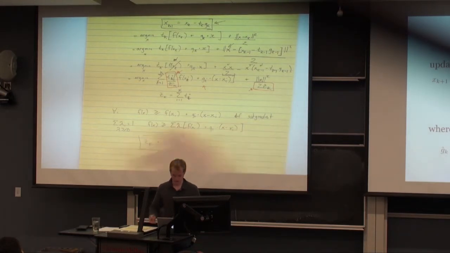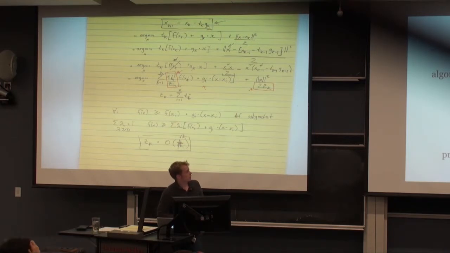So we have a step size control here, and the subgradients are now equally important, whereas in the subgradient method, we didn't like the new ones for some reason.